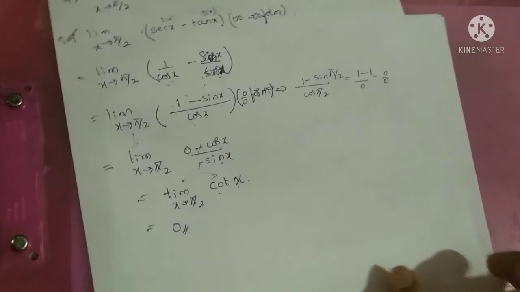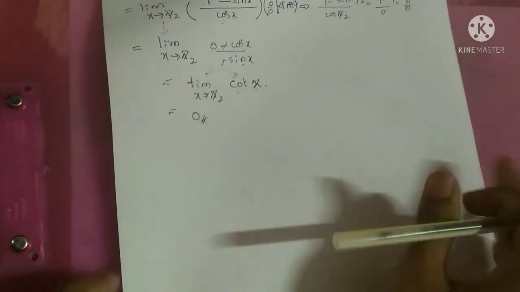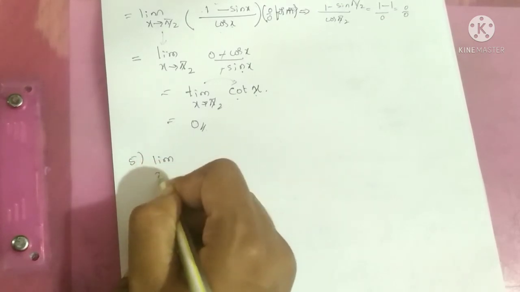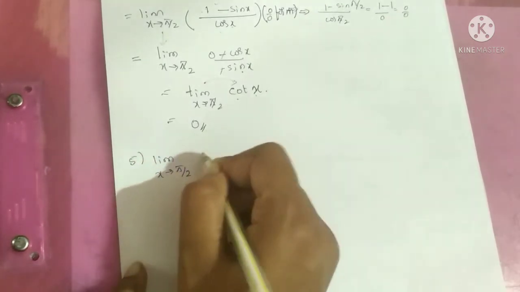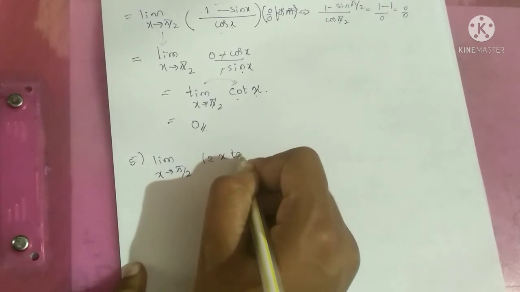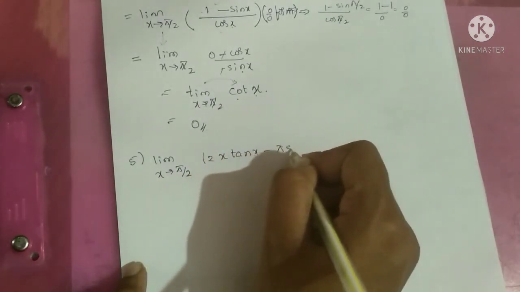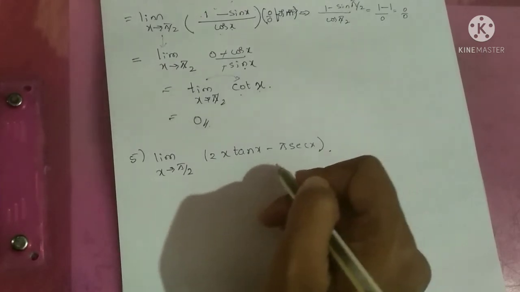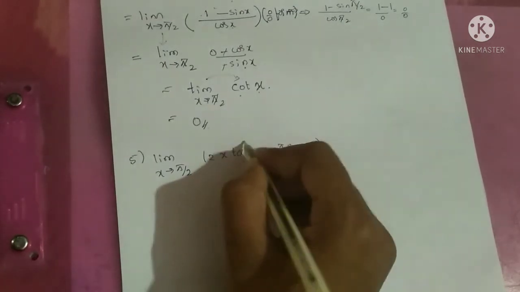Now let us solve one more problem here, that is limit x tends to pi by 2 of 2x tan x minus pi secant x. Here clearly you can say that it is in the form of infinity minus infinity.